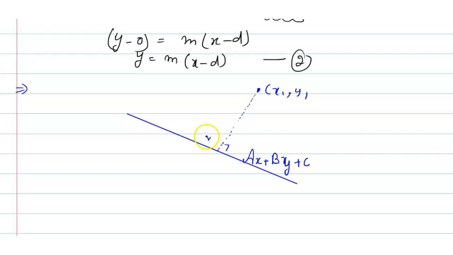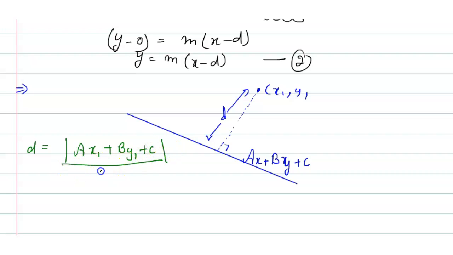So the distance formula is equal to a into x1 plus b into y1 plus c, upon root of a square plus b square.